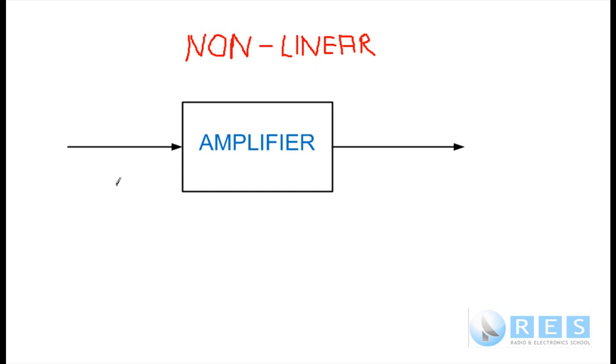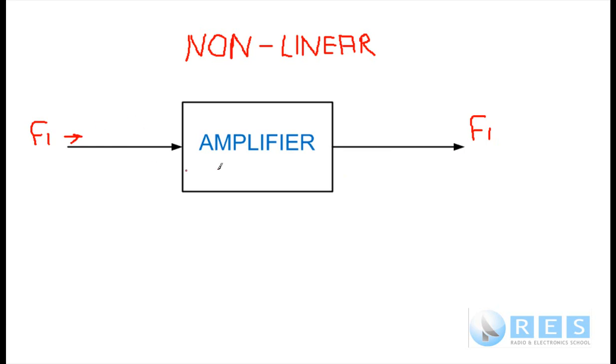If I were to put a signal F1 into a non-linear amplifier, at the output of that amplifier I would have that signal F1. It would be distorted, but I would have the same frequency.